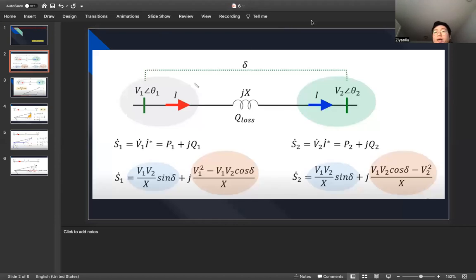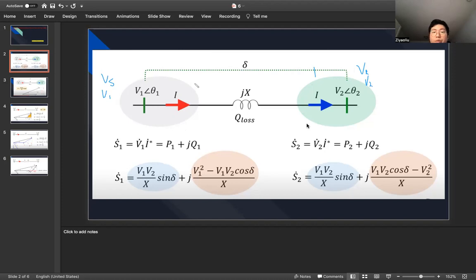First of all, here I will say sending VS, or just simply V1, and this is the receiving part, VR, or V2, more easily. This is the power flow in the power system.